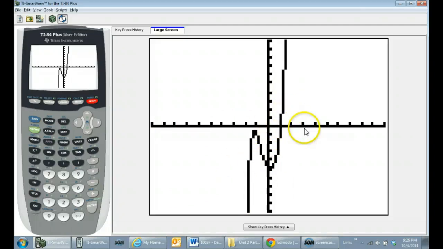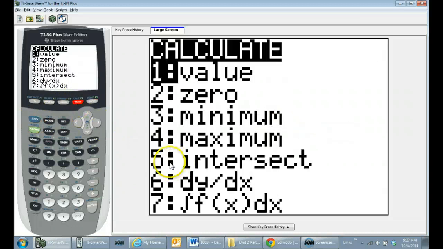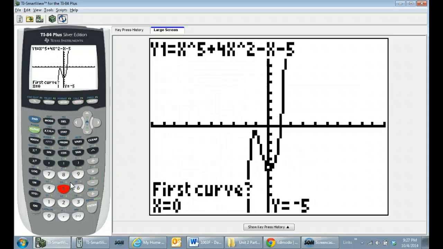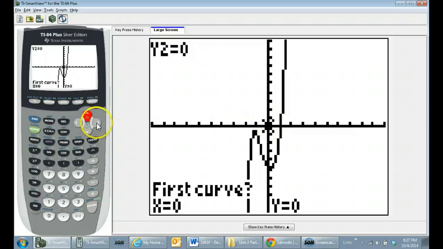and this horizontal line. So if we do second trace intersection, so I'm going to choose option 5, it starts running the intersection program. I like to be on the x-axis, so I'm going to hit my up arrow and jump to the x-axis. And I like to go over close to the intersection point, as close as I can get.